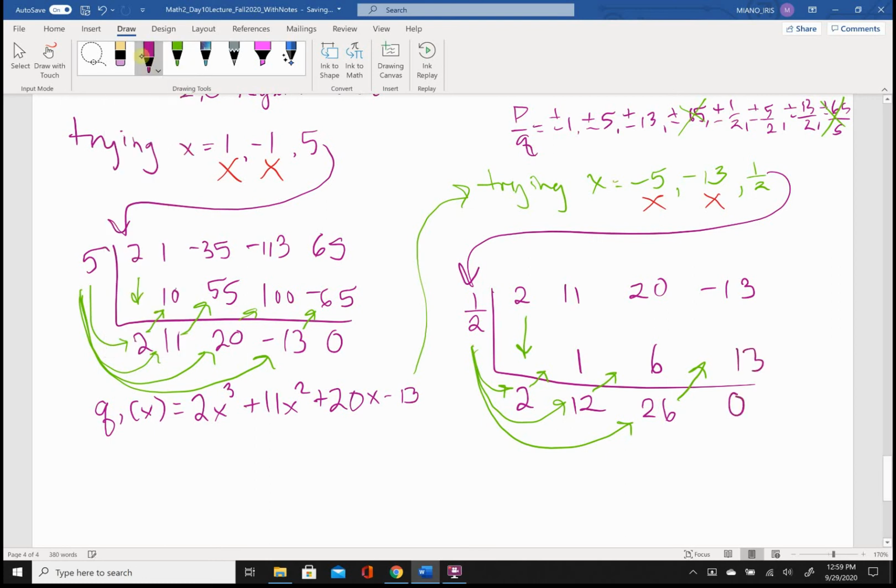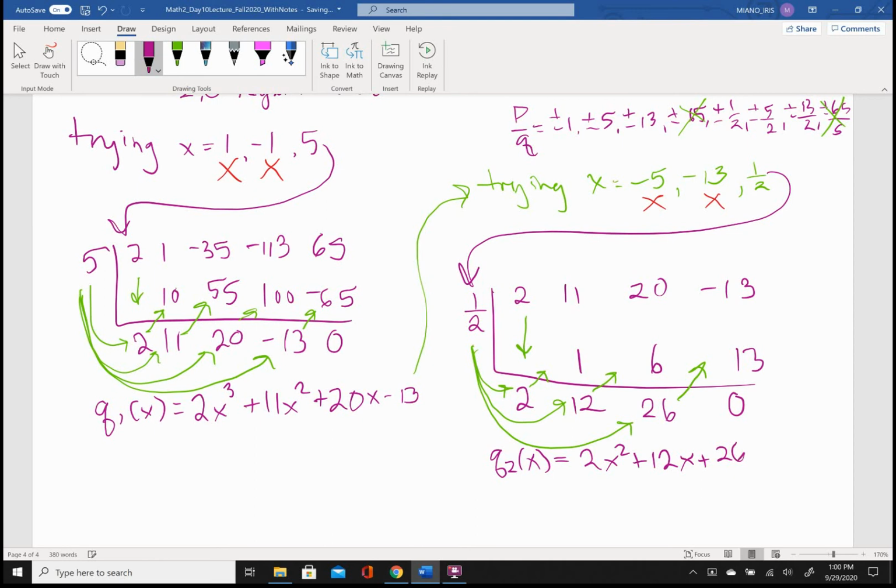So having a 0 remainder in this synthetic division process yields a depressed equation, and we know that the 1/2 value, or whatever our value of x is in the proposed 0, is indeed a 0. So that means our q sub 2 of x equals 2x squared plus 12x plus 26.